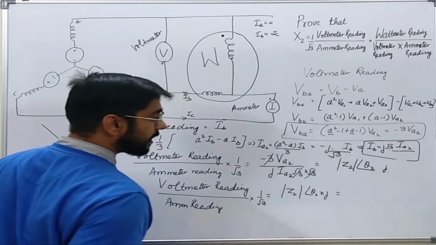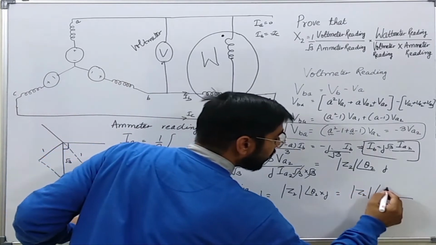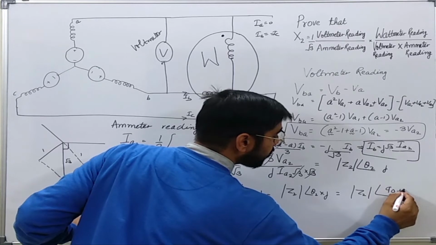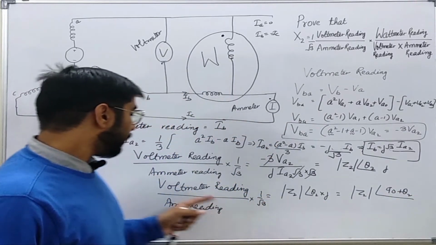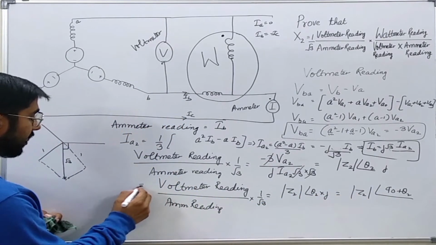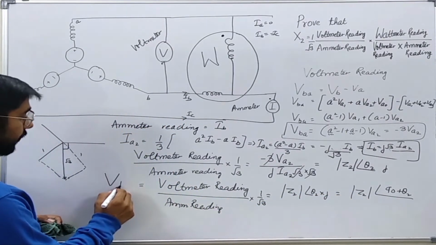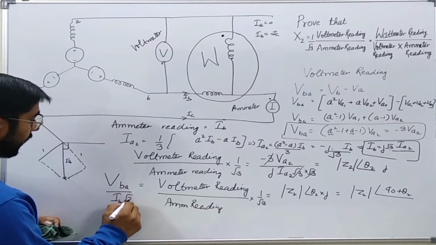So I can write it as Z2 angle 90 plus theta 2. Okay, so we have got one relation, and this is nothing but VBA over IB root 3.